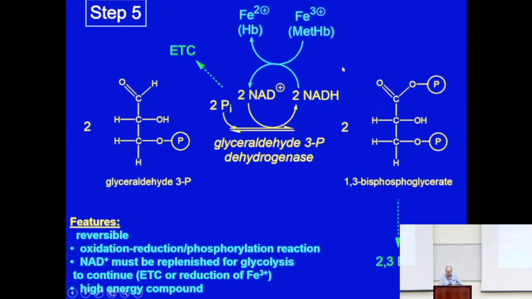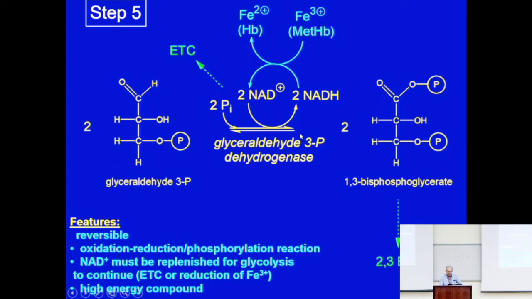You reduce something else. So we're going to reduce NAD plus to form NADH. So this is an electron-rich molecule, and this is a type of dehydrogenase. We talk about oxidoreductases, dehydrogenases. So that's an enzyme in oxidation reduction.